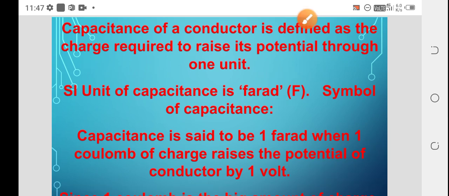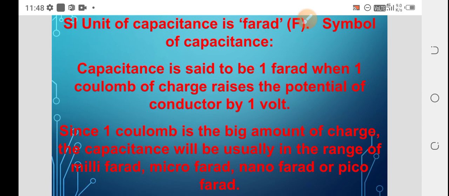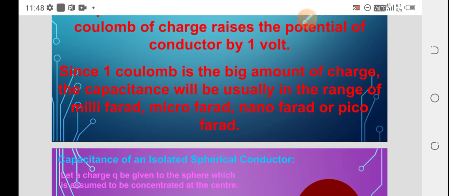Capacitance is said to be 1 farad when 1 coulomb of charge raises the potential of the conductor by 1 volt. Since 1 coulomb is a big amount of charge, the capacitance will usually be in the range of millifarad, microfarad, nanofarad, picofarad.